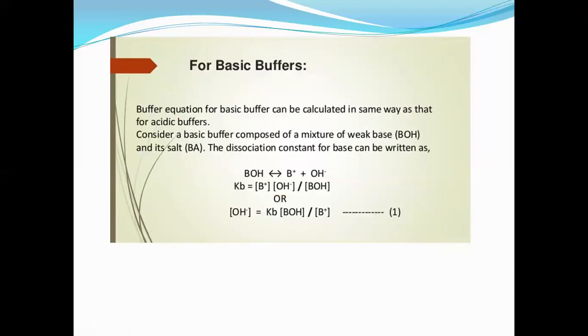For basic buffers, the buffer equation can be derived in the same way as for acidic buffers. So consider a basic buffer which is composed of a mixture of a weak base, because basic buffers have a weak base and its salt BA, this salt is formed as a result of the action of the weak base with a strong acid.